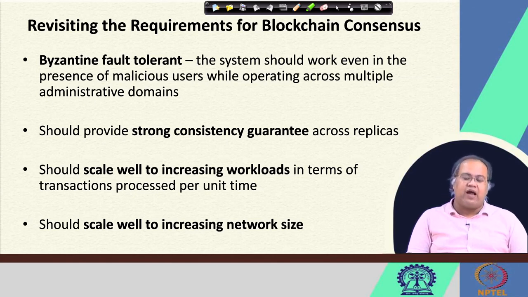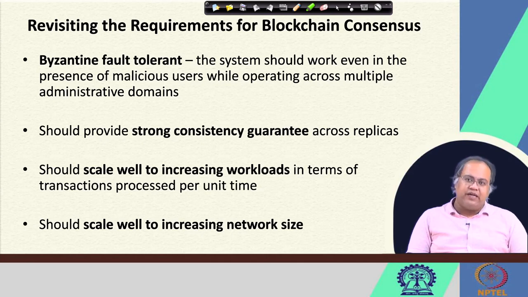So, I should be able to support the maximum number of transactions that can be processed per unit time, and that we typically call the transaction throughput. So, I need to ensure scalability in terms of transaction throughput. And the final requirement is that my protocol should scale well to increasing network size. So, the protocol should also work well when my network is large.